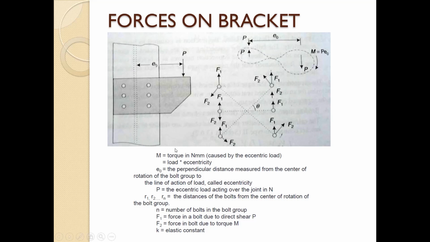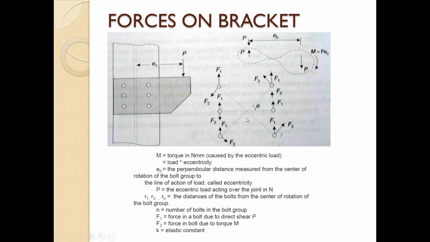E0 is the perpendicular distance measured from the center of rotation of the rivet group to the line of action, called the eccentricity. P is the eccentric load acting on the joint in newtons. R1, R2, R3 are the distances of the bolts or rivets from the center of rotation of this rivet group.